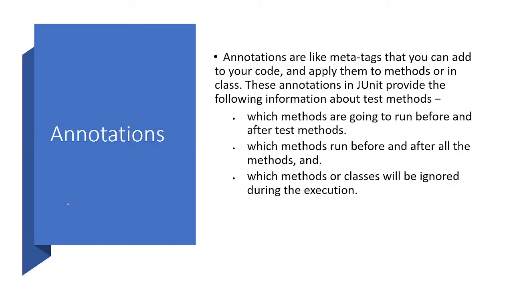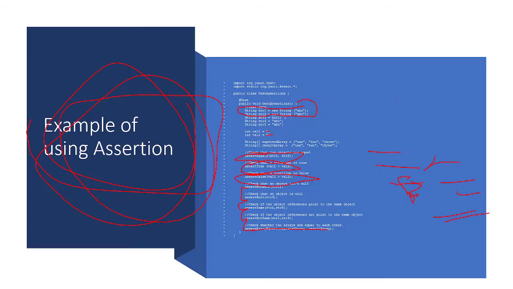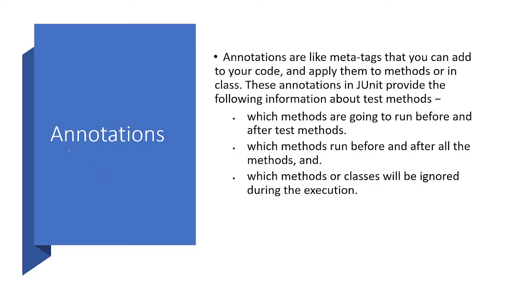Let's check the next thing. Now we're going to talk about annotations. I talked about annotations before. You see it right here, this @Test, that's an annotation. Annotations are like meta tags that you can add to your code. Do you guys remember meta tags from different types of coding?